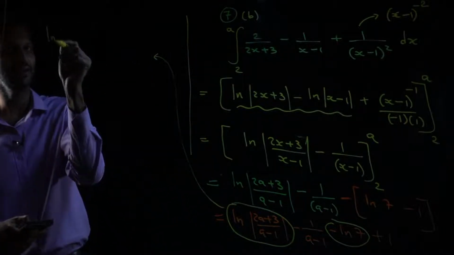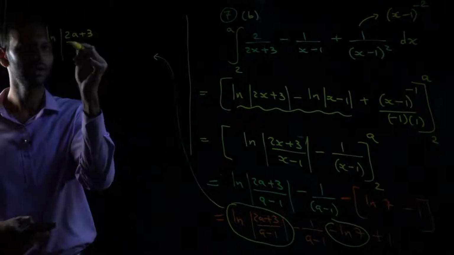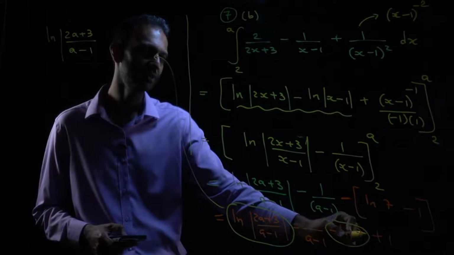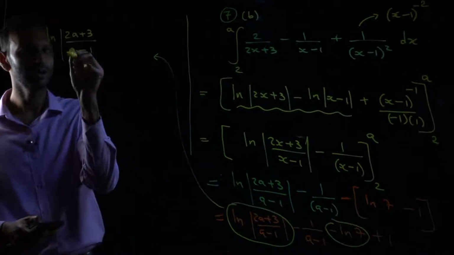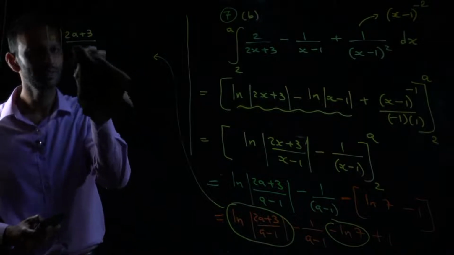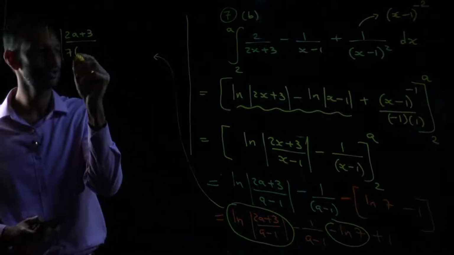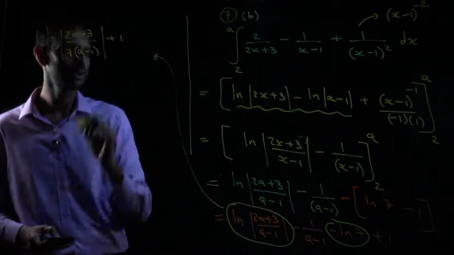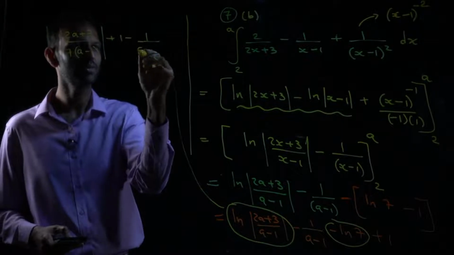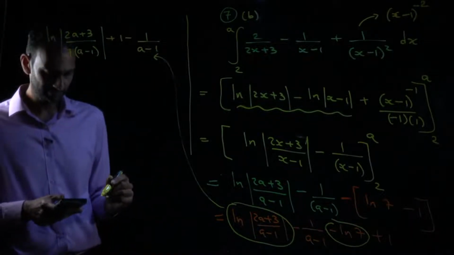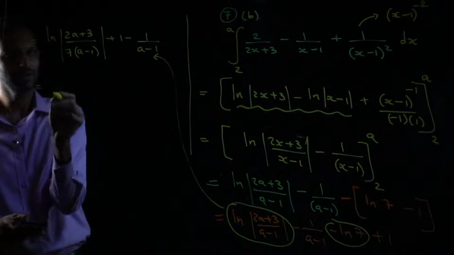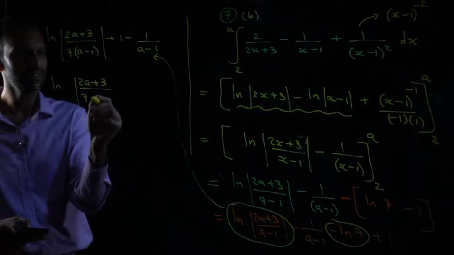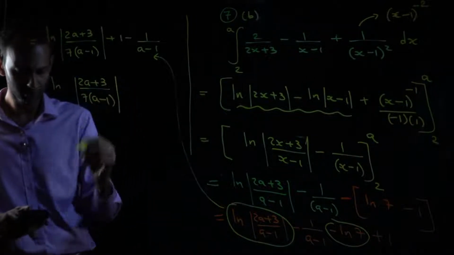It will be ln of 2a plus 3 over a minus 1, and we are subtracting ln of 7, so the 7 should go in the denominator. I'll just create some space. So 7 into a minus 1. Here we have plus 1 minus 1 divided by a minus 1. Okay, so let's continue. That would be ln of 2a plus 3 divided by 7 times a minus 1, modulus.